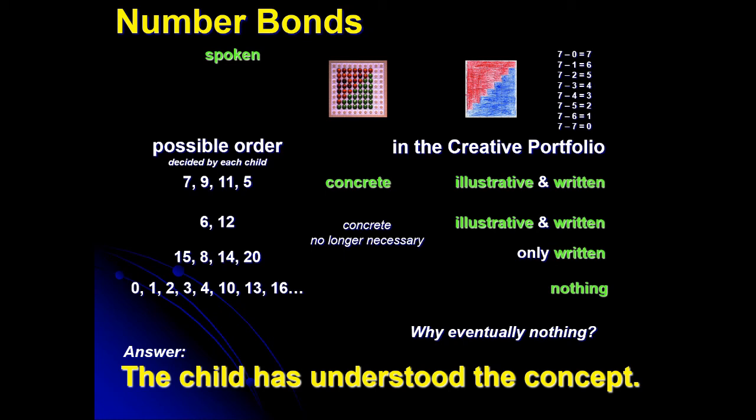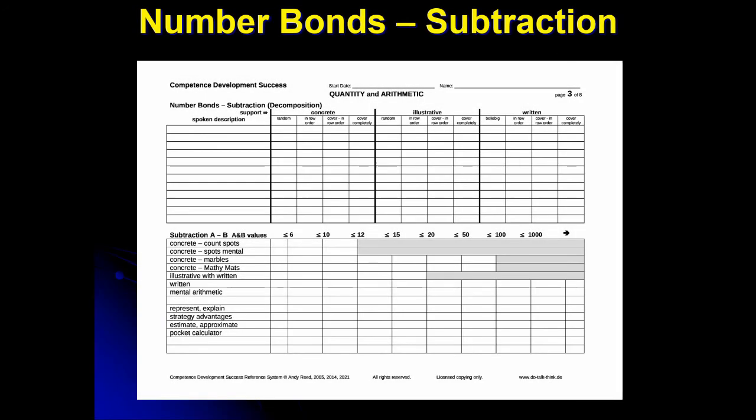Monitoring progress is an essential part of effective learning. It should enable children, parents and teachers to easily maintain an overview and enable and encourage the choosing of further activities. Here is page 3 of 8 of my Competence Development Success System for Quantity and Arithmetic.